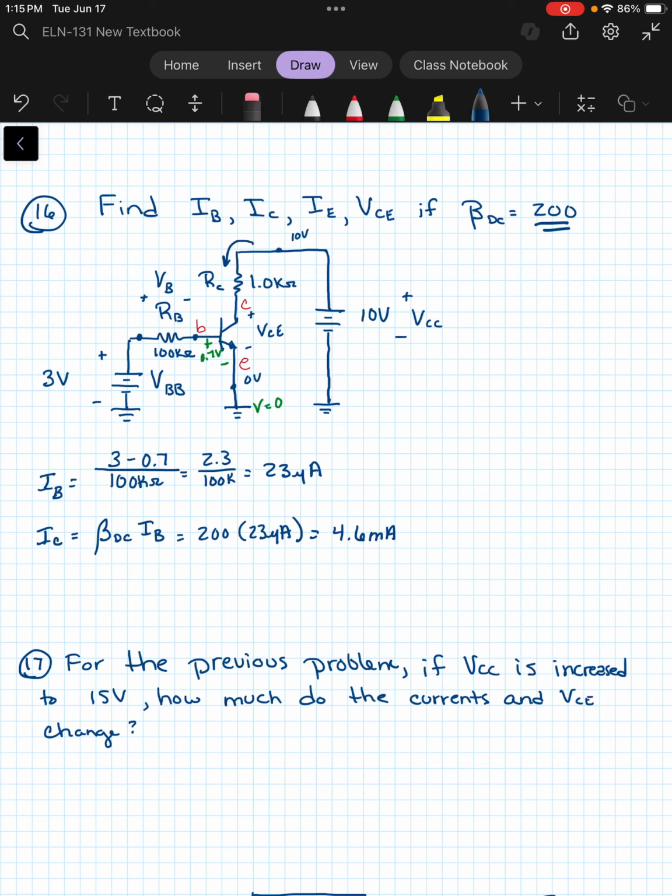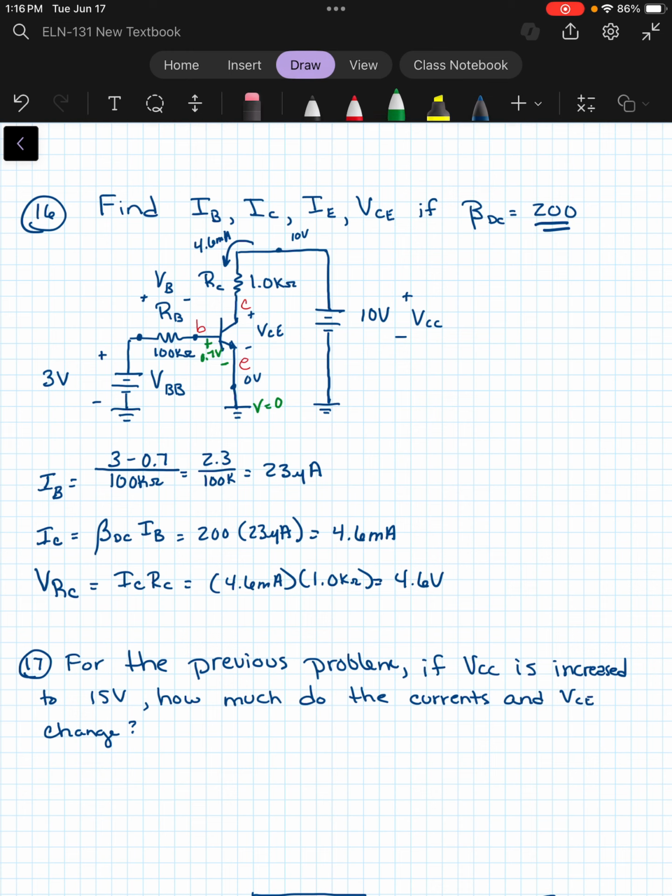Okay, so we should have 4.6 milliamps here. And that means that the voltage drop across RC would be IC times RC, which is 4.6 milliamps times 1,000 ohms, or 4.6 volts.